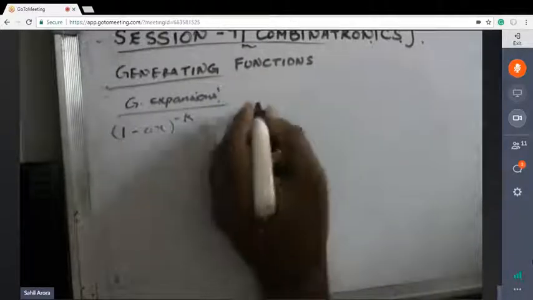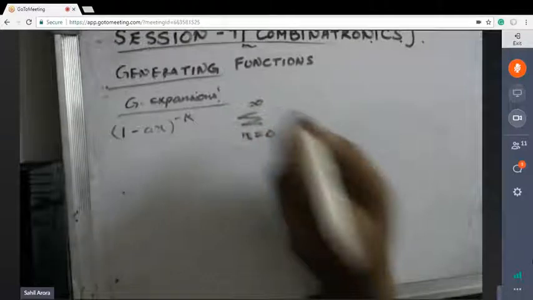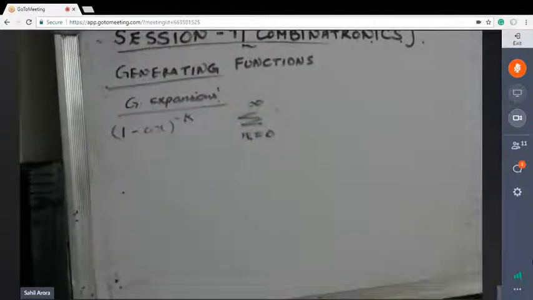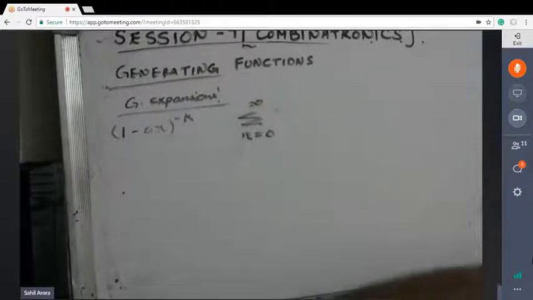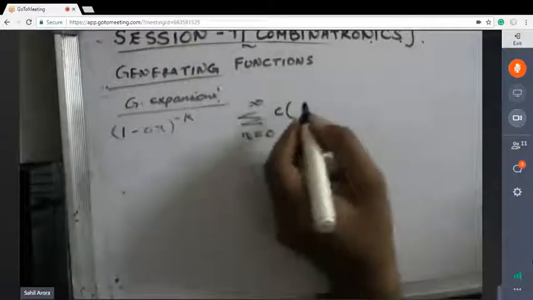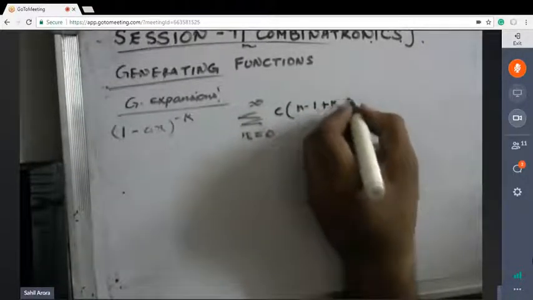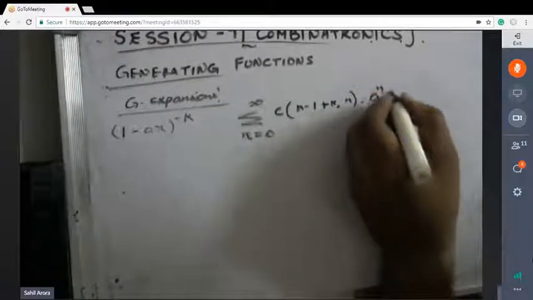Summation n goes from 0 to infinity, C(n minus 1 plus k, n) a^n x^n.